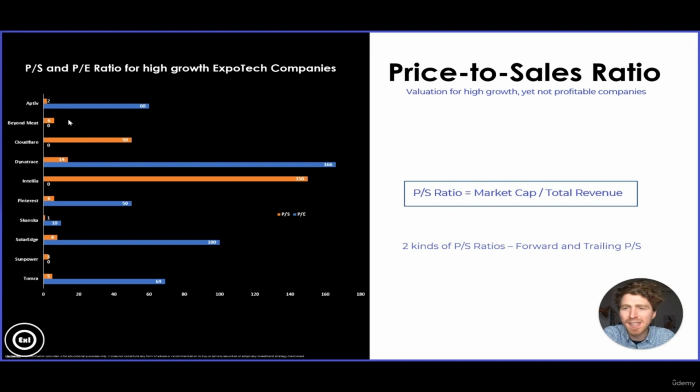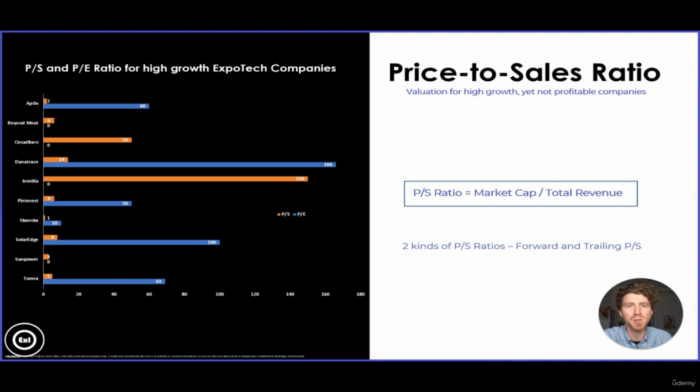Beyond Meat is at 6 and so on, with kind of similar single-digit numbers for the companies you see here. But there are some outliers like Cloudflare and Intellia, which means that investors are kind of optimistic about these companies. In the case of Intellia, gene editing, which we spoke about in the gene editing module, the potential disruptions due to this technology are amazing.